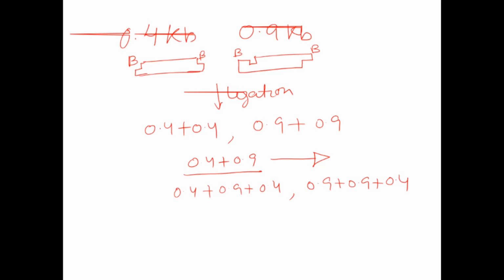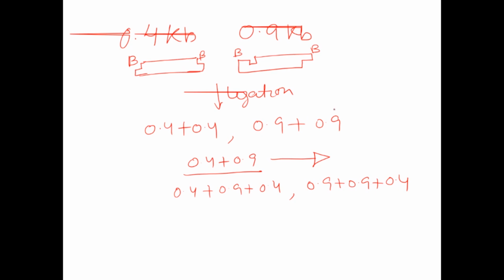But there is the least probability of getting this, because 0.4 and 0.4 are very small fragments, and the ligation of 0.4 with 0.4 is much more favorable, because the smaller the fragment, the larger the movement within the molecule and the larger the probability that these two fragments are going to attract each other at a much faster rate compared to 0.9 and 0.9.